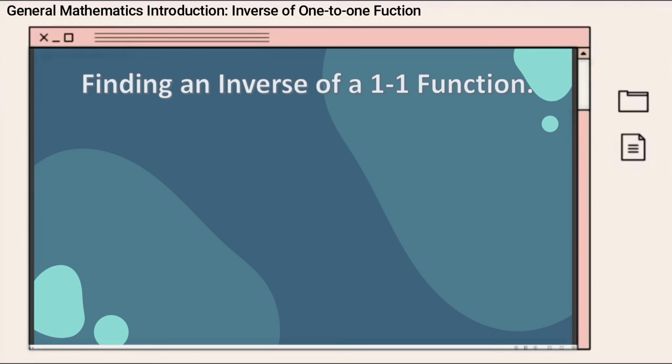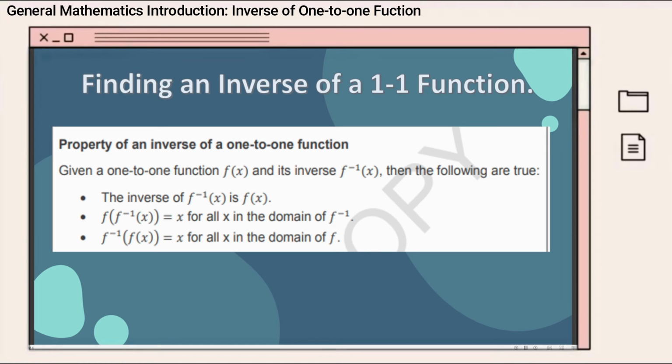So we already know how to find the inverse of one-to-one function. Let us now proceed to the property of an inverse of a one-to-one function. Given a one-to-one function f of x and its inverse, then the following are true. First, the inverse of the inverse function of x is f of x.